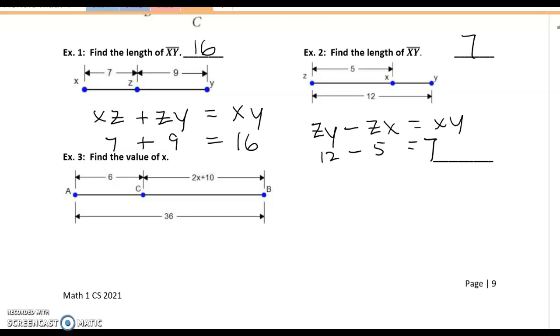Okay, let's see what you can do with example number 3. Setting it up using segment addition, the measurement of AC plus the measurement of CB will equal the measurement of segment AB.